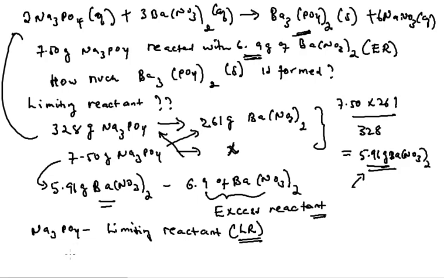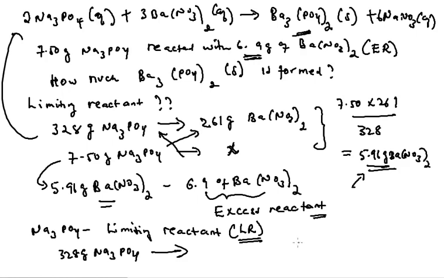We can say that 328 grams of sodium phosphate provides us 1 mole of barium phosphate. What's 1 mole of barium phosphate?